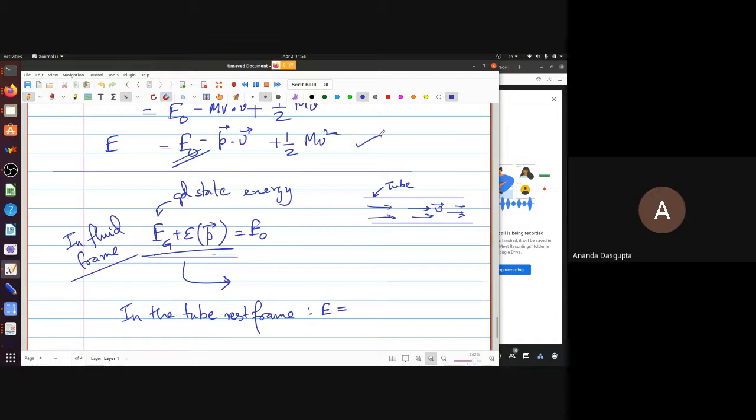This formula tells you, if you know the energy in one frame, how to calculate the energy in another frame which is moving with respect to the first one. Here you know that the energy in the fluid frame is given by this once the quasi-particle has been created. What is the energy in the tube's rest frame?